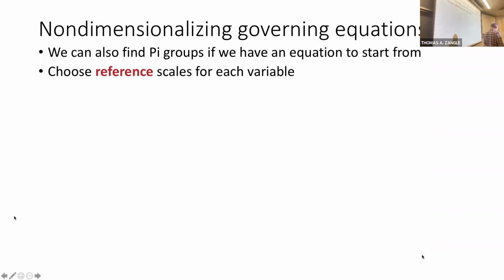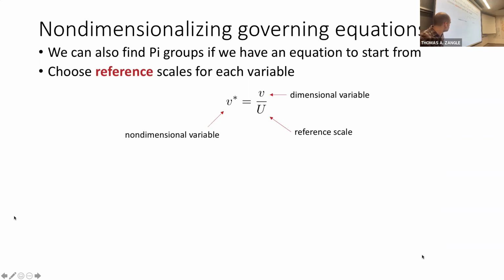One of the key things that we have to do here is choose what we call a reference scale for each variable in the equation. So for example, if we have V, the velocity within the problem, we would want to choose some reference scale U, some reference velocity that is one of the important velocities in the problem.